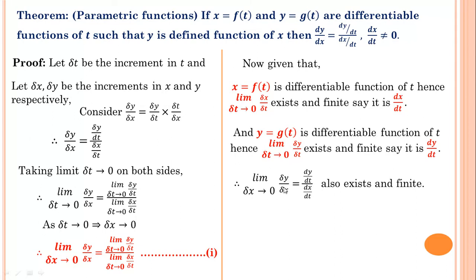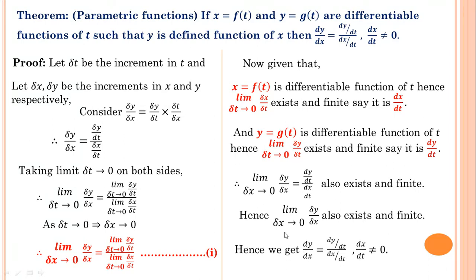So this limit also exists, and it is finite. Hence limit delta x tends to 0 delta y upon delta x also exists and it is finite.